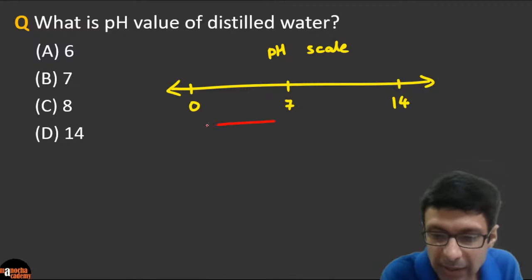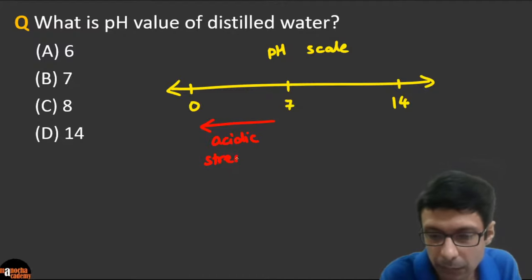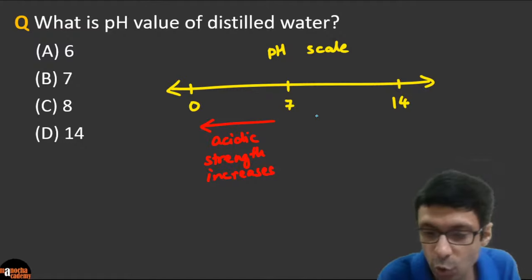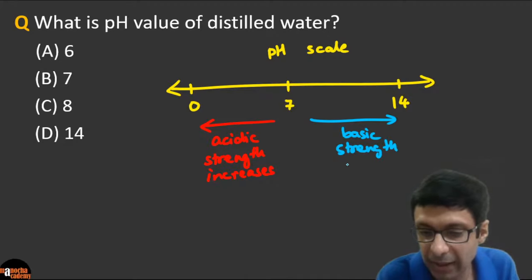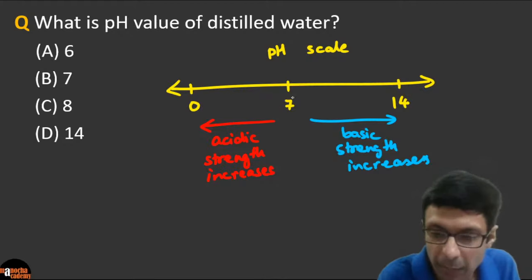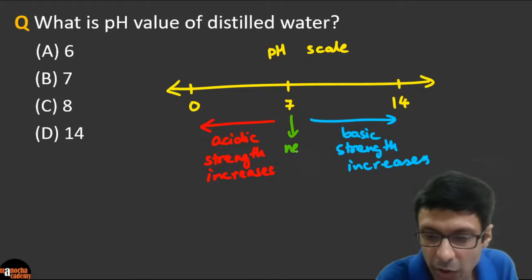So here the acidic strength increases. So let me write that down. As you go below 7, acidic strength increases. As you go above 7, the basic strength increases, right? Okay. And exactly 7 is neutral, guys. The number 7 basically indicates that it is neutral.